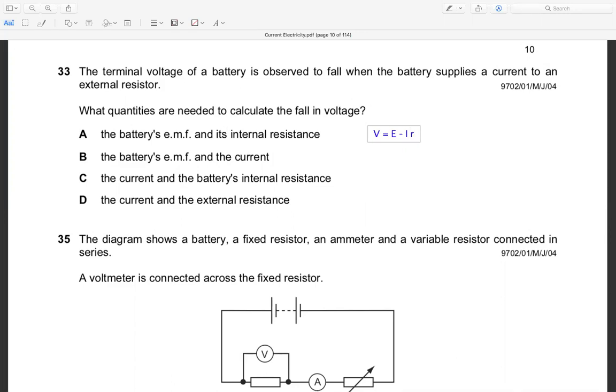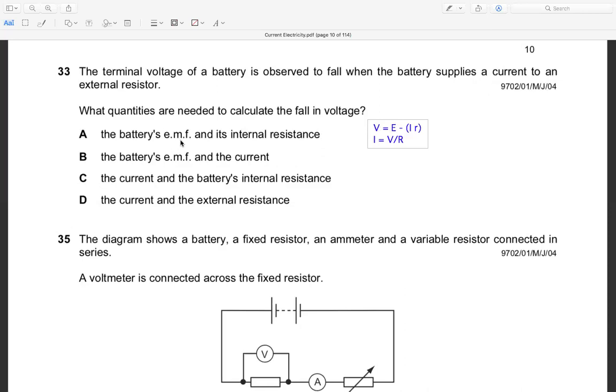So it means quantities we needed is about E and R. Because I also we can find from V over R. So the quantities actually we needed is E and small r, or internal resistance.